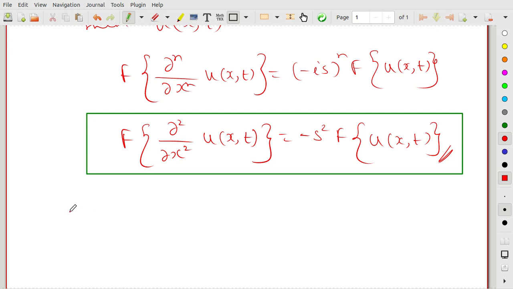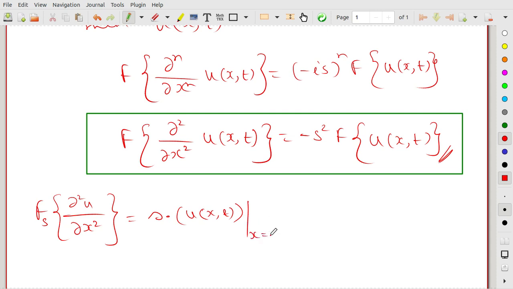The Fourier sine transform of dou square u by dou x square is equal to s times u of x comma t at x equals 0, minus s square Fourier sine transform of u of x comma t.